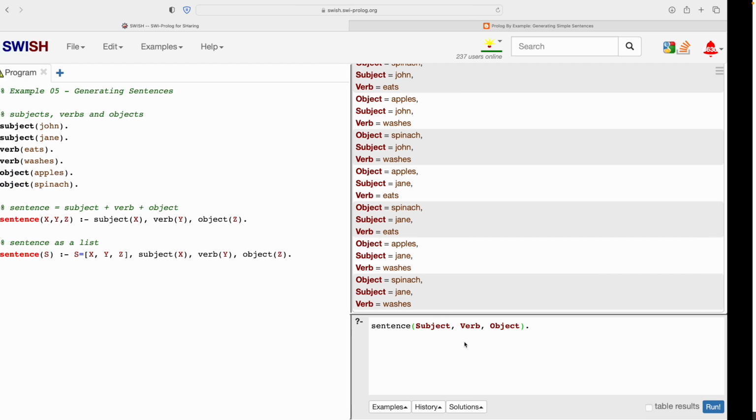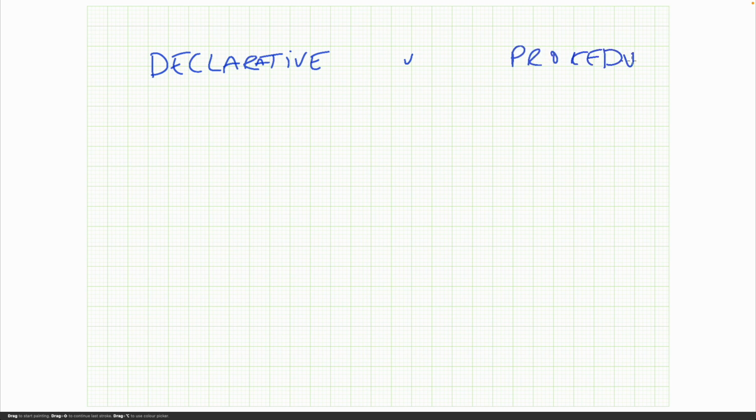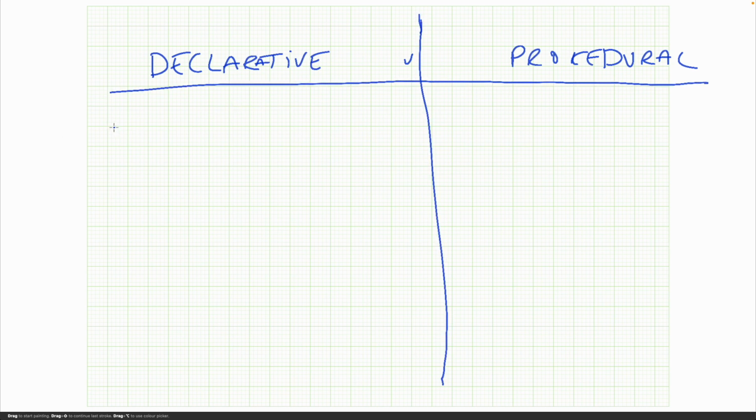So that's a really important point. In fact, it's so important I'm going to write it. So declarative versus procedural. And these are two different ways of programming or thinking about how to solve a problem. And declarative programming is about defining the structure of a problem or scenario or the thing that we're interested in.